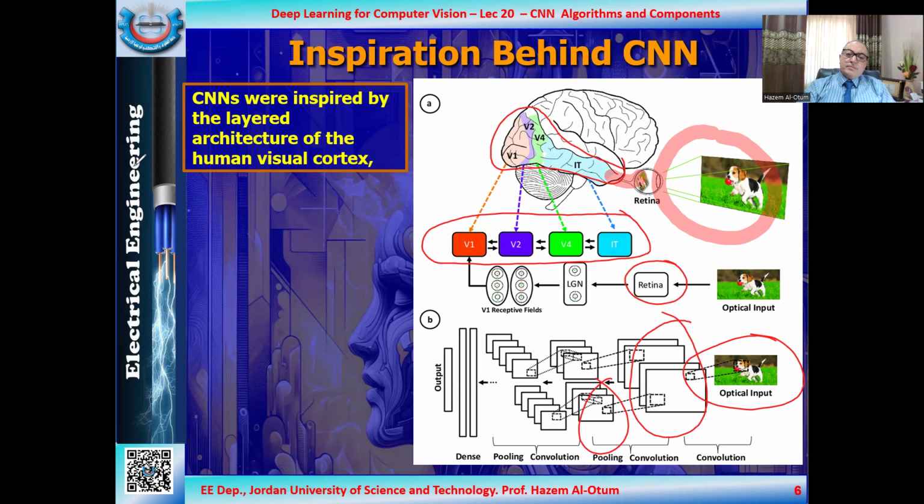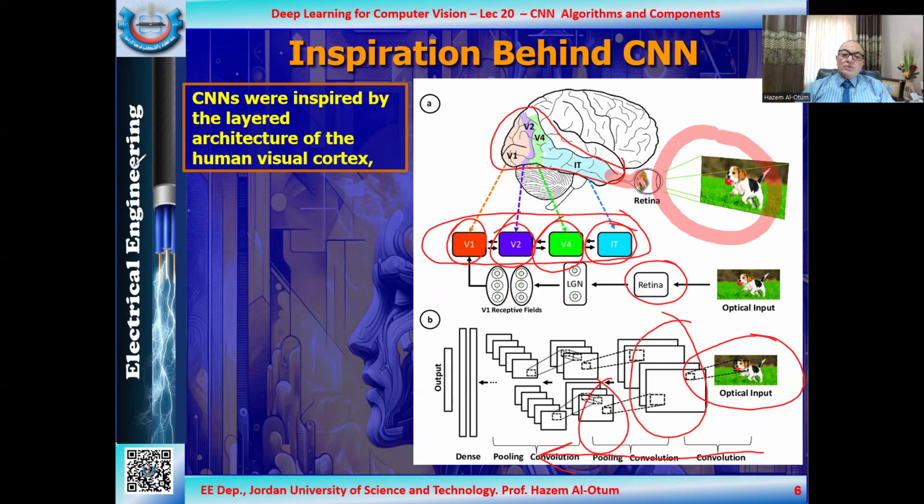Step by step, by going from V1 to V2, then to V3, then to the last part, which is the IT part of the visual cortex, every time you go further, you reduce the spatial size and increase the feature map size.